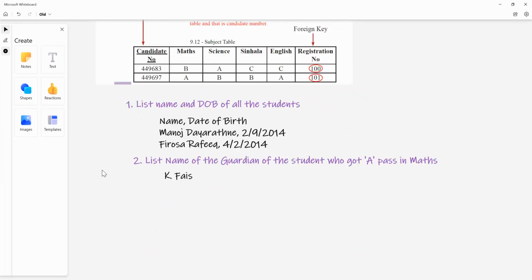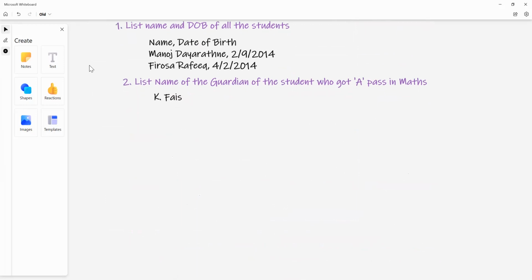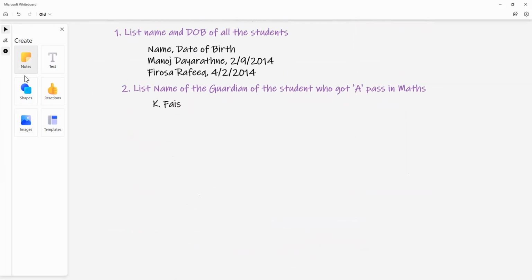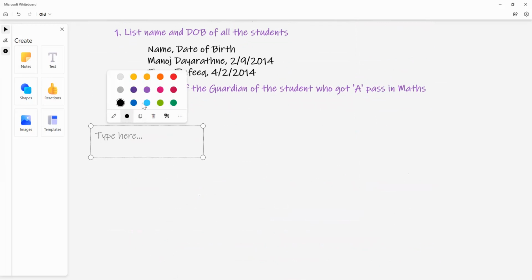Another exercise. Try this, and I want you to give me the answer. You can say exercise number 2.